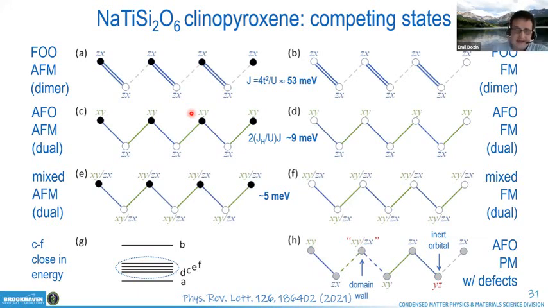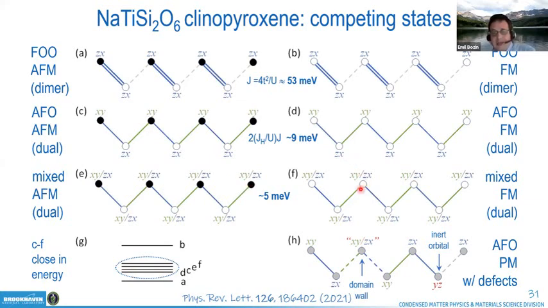And then it turns out there is one other possibility, and that is that on each titanium, the orbital character is mixed, both xy and zx, and that type of situation corresponds to magnetic excitations that are of the order of 5 meV. In other words, you possibly have multiple states that are very close in energy and that are possibly competing.